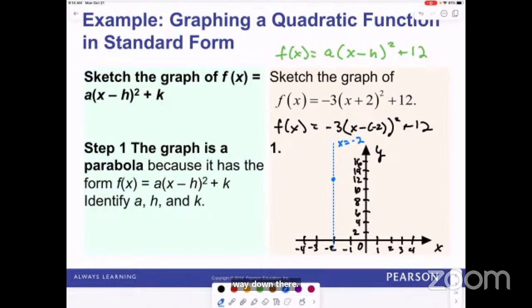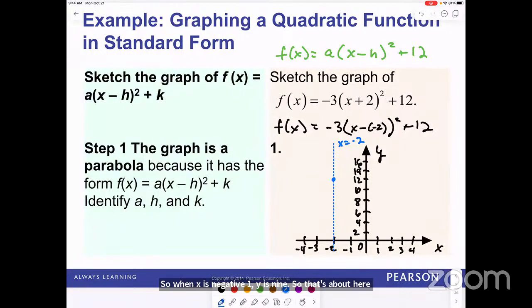Let's do when x is -1. When x is -1, plus 2 is 1, squared is 1, times -3 is -3, plus 12, what is that, 9? So when x is -1, y is 9, so that's about here. So the way we use the axis of symmetry, if we go to the right by 1, we're at 9.